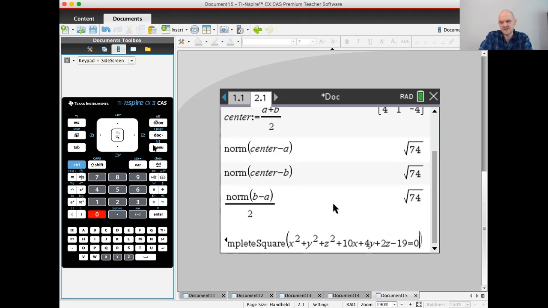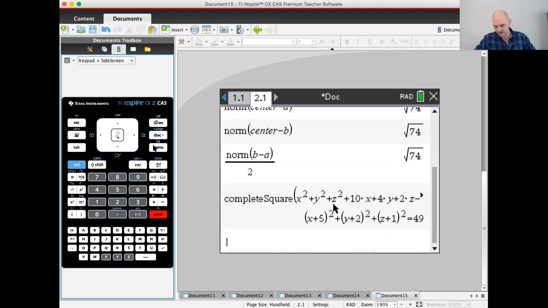If you're curious, you can just make the calculator do the work. It's so annoying when you have to do it by hand. We're going to do comma x because we want to complete the square on x, comma y because we want to complete the square on y, and comma z because we want to complete the square on z. And we get that. And that is in fact what we got.